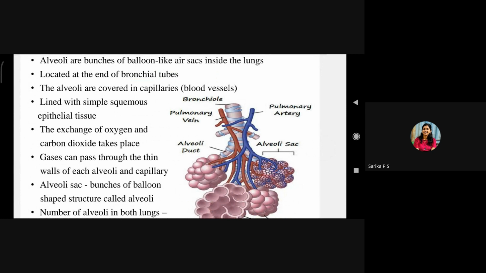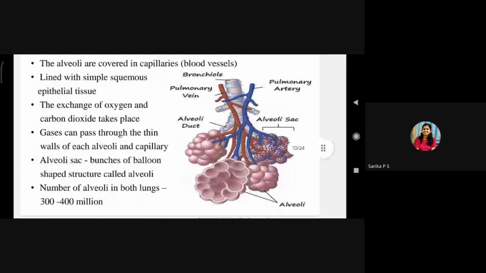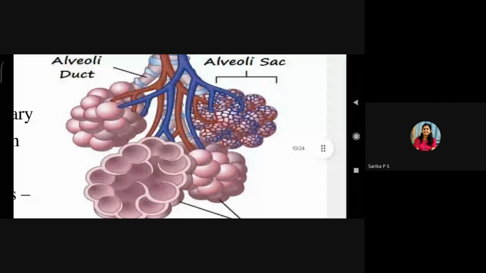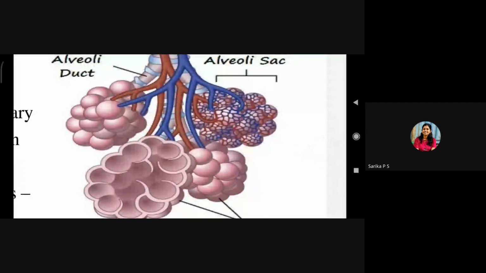You can see here in this picture the capillaries depicted in red and blue, red for oxygenated and blue for deoxygenated blood, as part of artery and vein. So the red and blue capillaries are covering the alveoli.